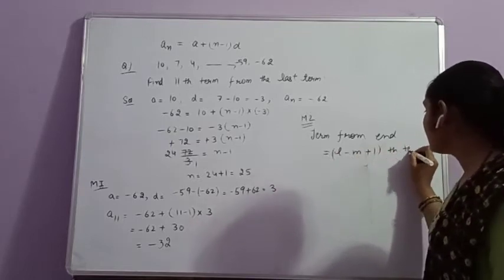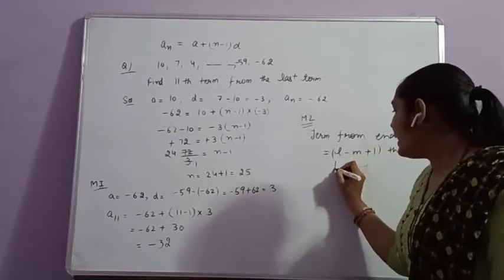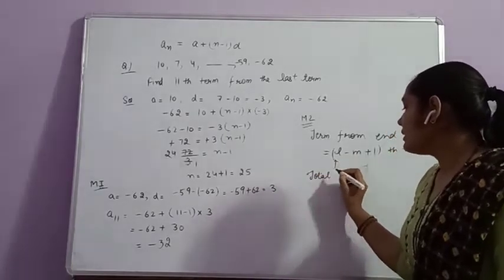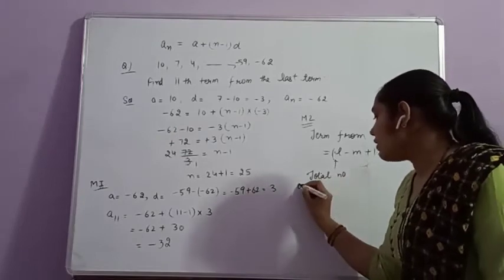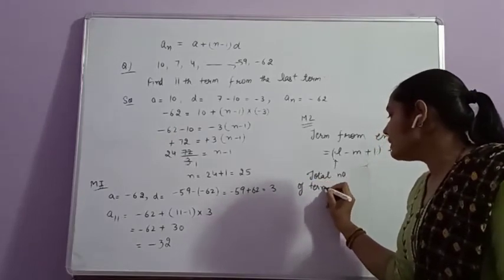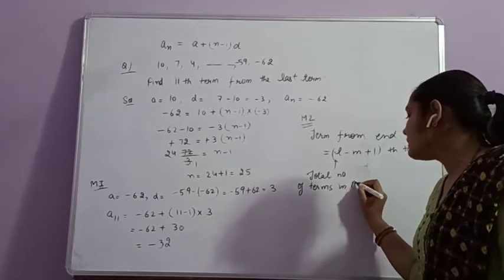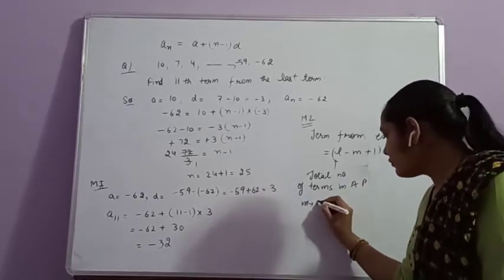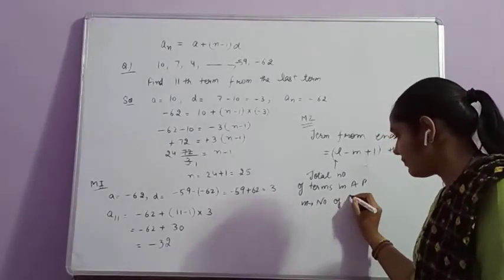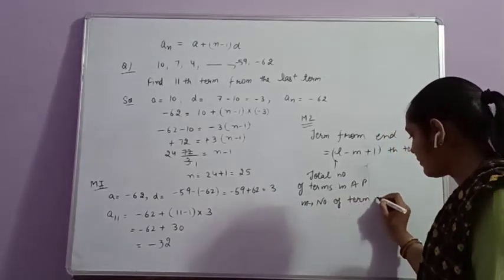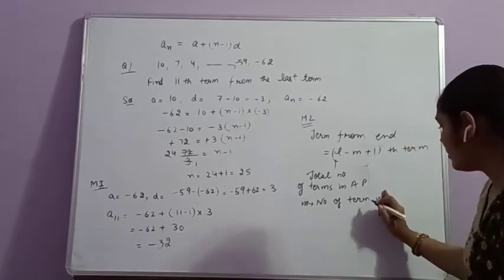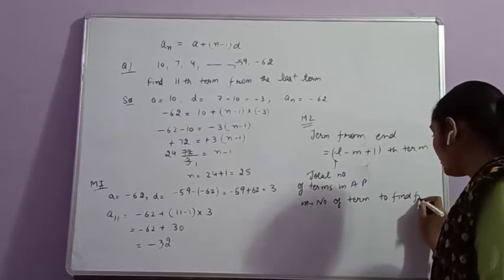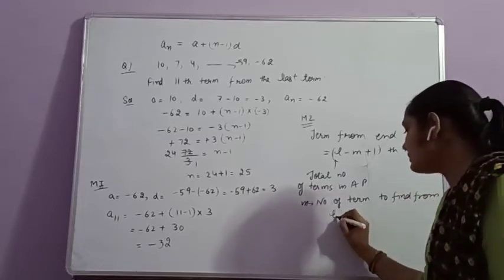Here L is the total number of terms in the AP and M is the number of the term to find from the last term.